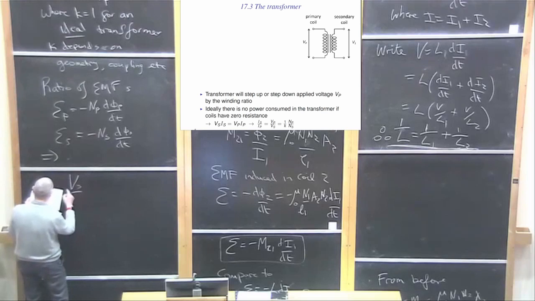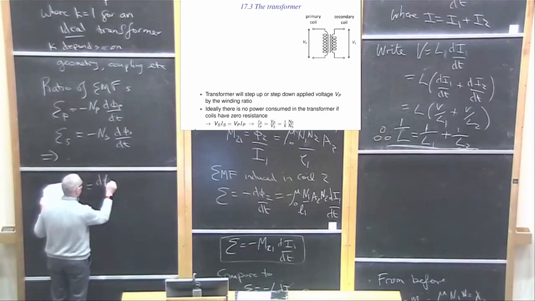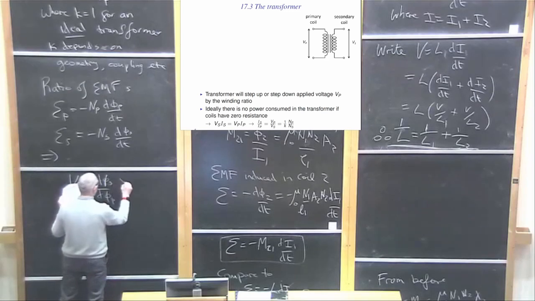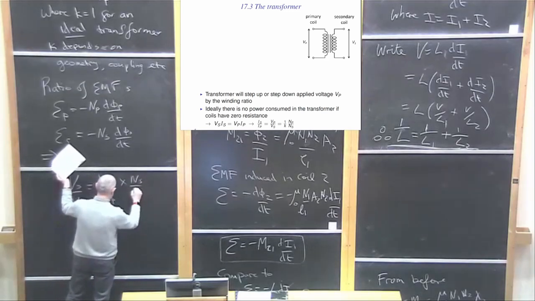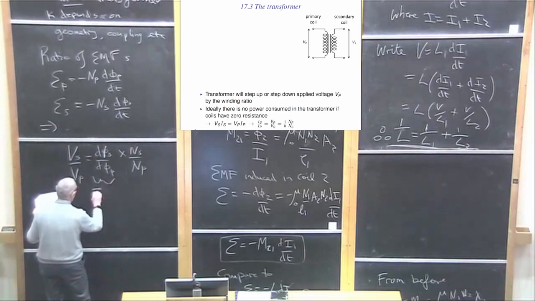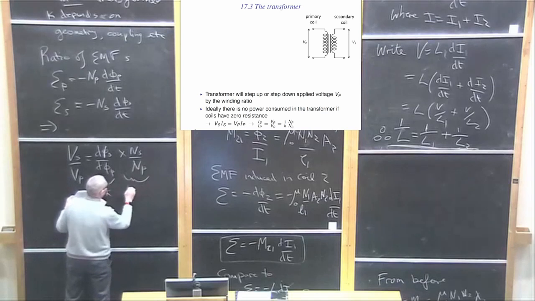This gives the voltage in the secondary over the voltage in the primary as d phi s by d phi p times NS over NP. This is what I call K, the coupling, and this is just the winding ratio.